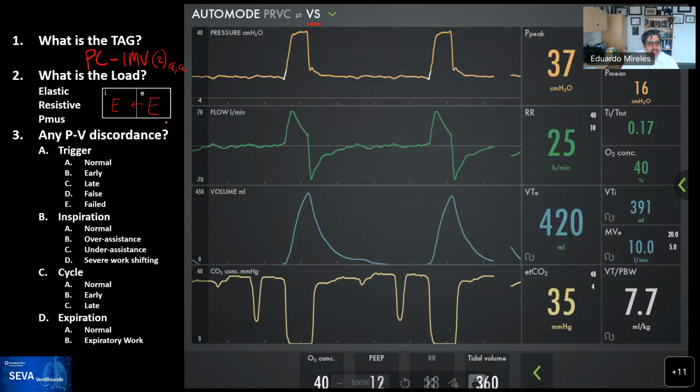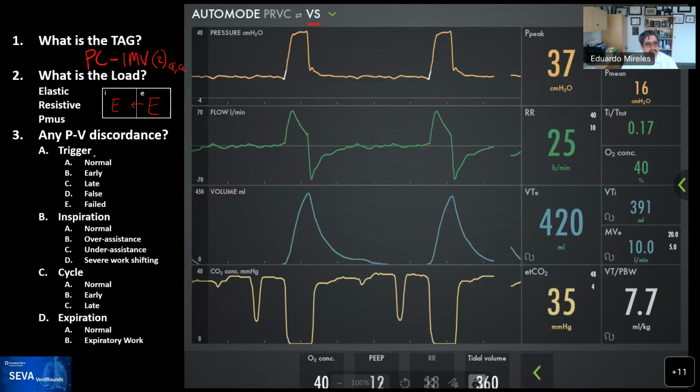So now we have defined we have elastic load. We know that there's some PMOS because the breath is a spontaneous breath. We read it as being triggered by the patient. And so let's look at the patient ventilator discordance.